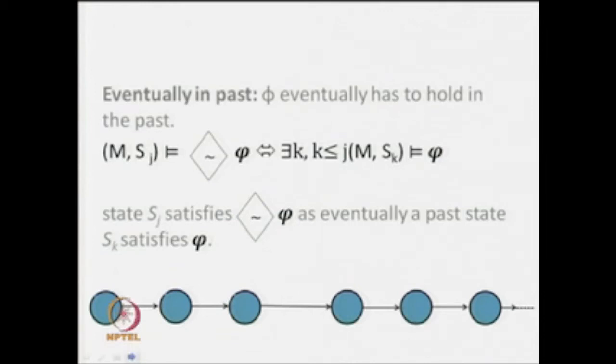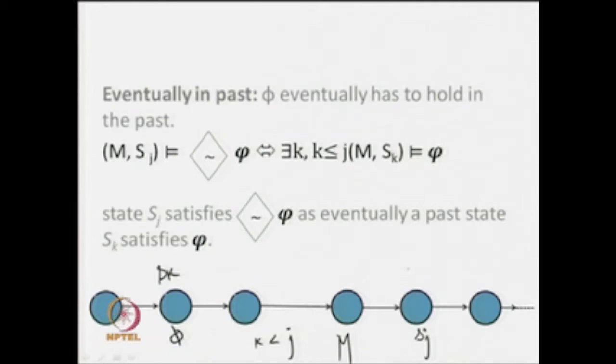So, if I look into this particular model M, and say this is the state S j, whether this state S j models eventually in past phi or not, then in this timeline we look for some state, say S k, where phi holds, and where k is less than j. Then we will say that eventually in past phi holds in this particular state S j.